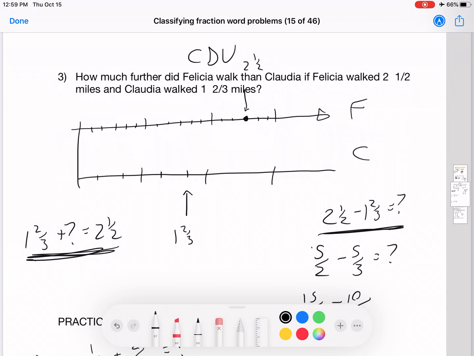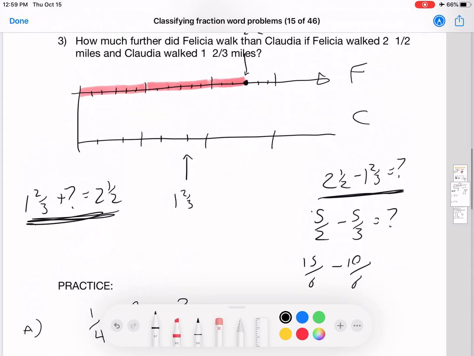And then we can hopefully see we have 1, 2, 3, 4, 5, 6, 7, 8, 9, 10, 11, 12, 13, 14, 15/6. Now if I cut each third in half, now all of a sudden these should be sixths, and I could see I have 1, 2, 3, 4, 5, 6, 7, 8, 9, 10 sixths.